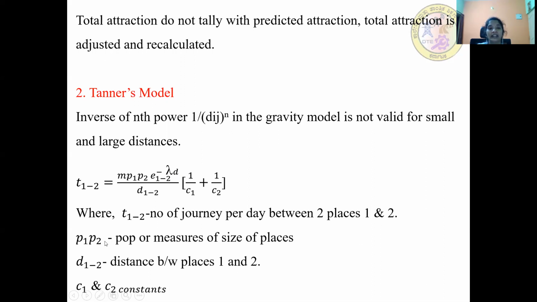P1 and P2 are populations or measures of size of the places. D12 is the distance between places 1 and 2, and C1 and C2 are constants.